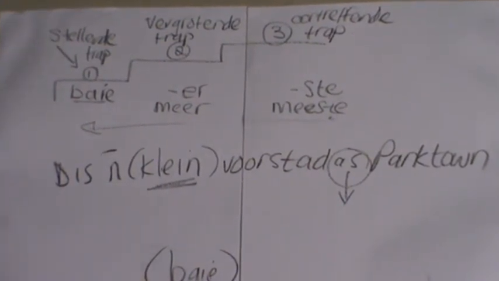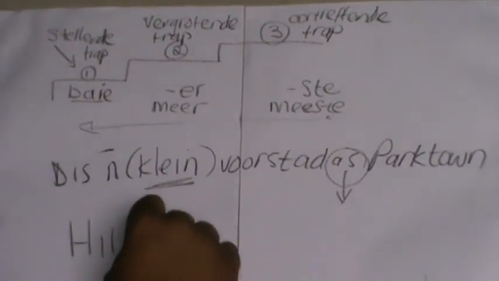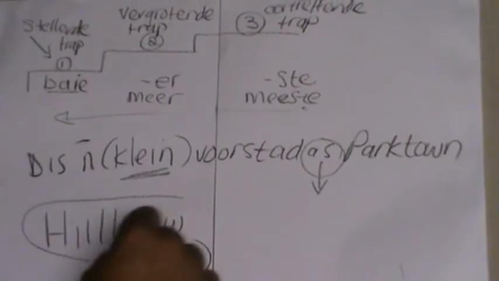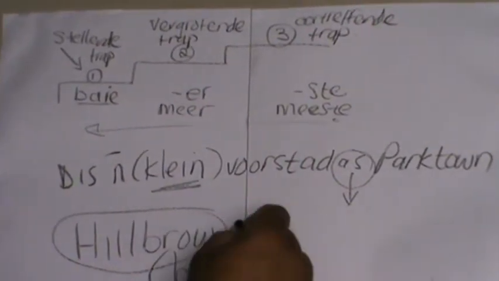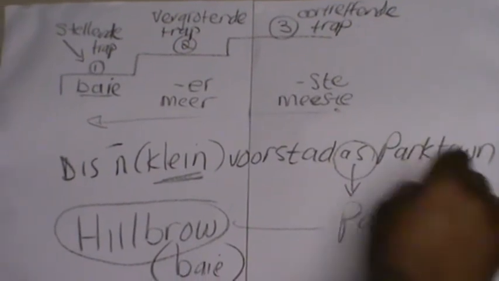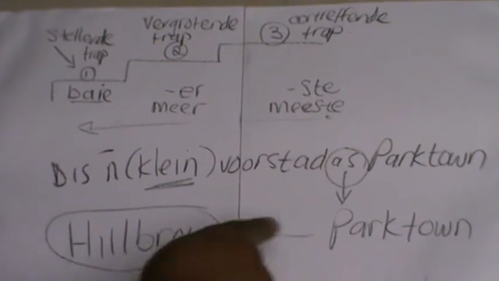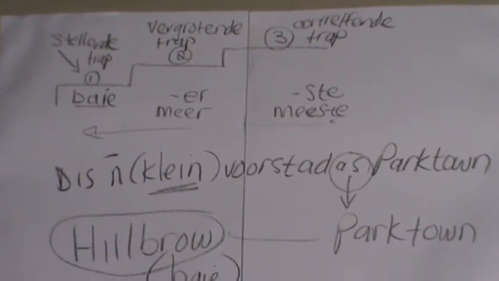Then in our text there, it says Hillbrow, right? So they are comparing Hillbrow to Parktown. Something is being compared, right? Hillbrow is being compared to the size of Parktown, right?